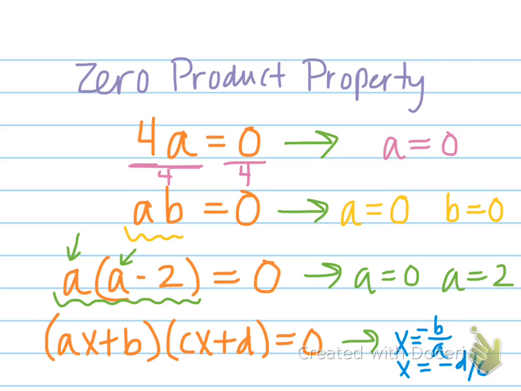So to find each of those, it's a little bit easier for us if we set each of these factors equal to 0 and then solve from there. So that's what I recommend that you do on these problems.